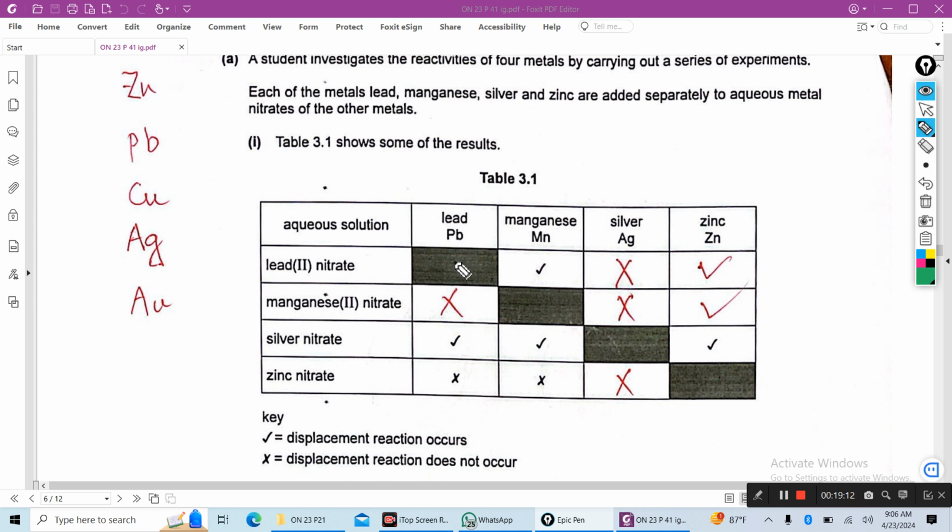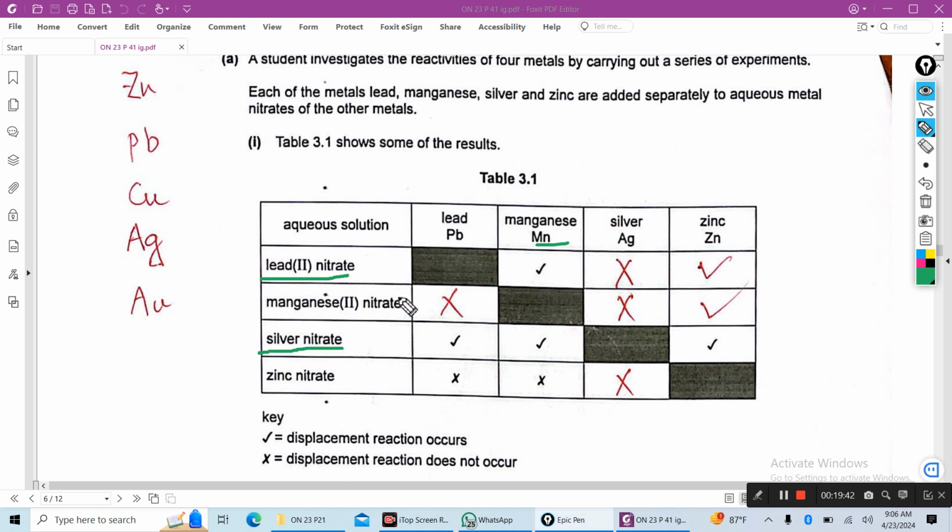Then you see lead reacts with silver nitrate. That means lead is more reactive than silver. Now manganese reacts with lead nitrate and silver nitrate.